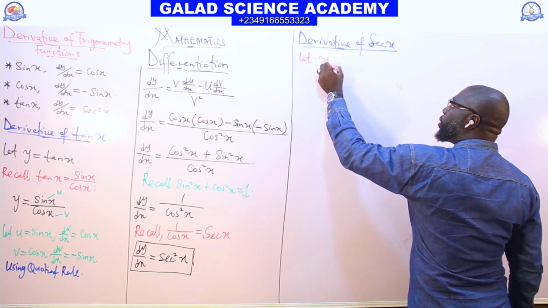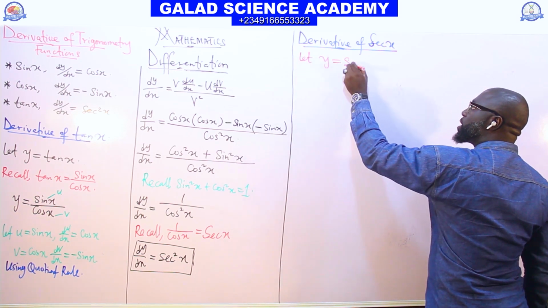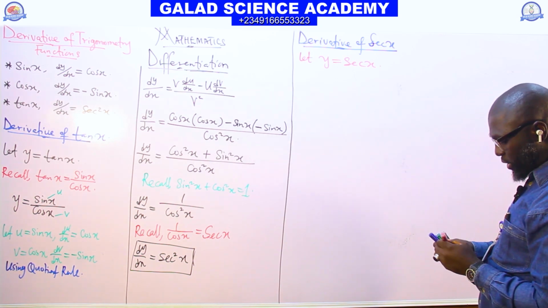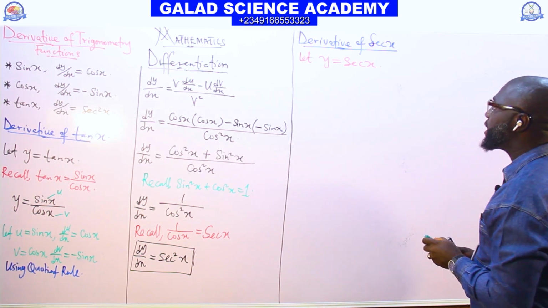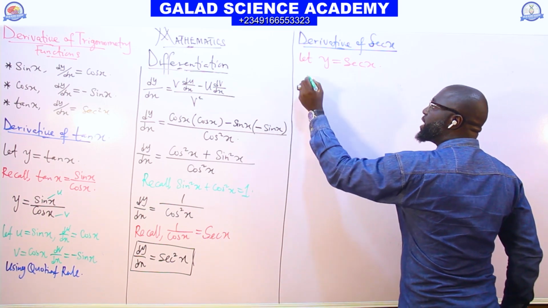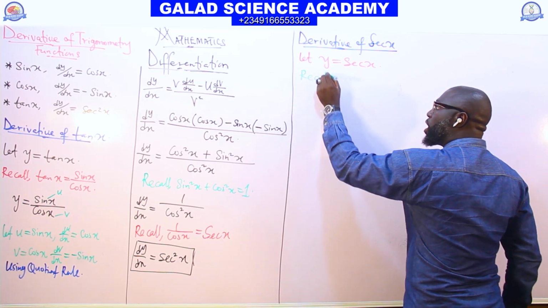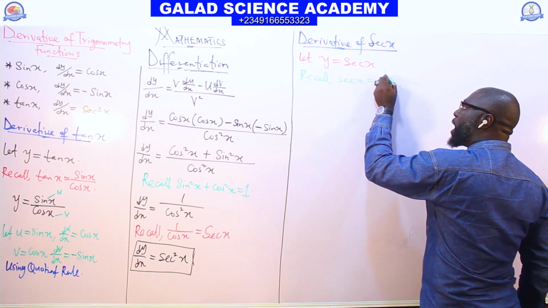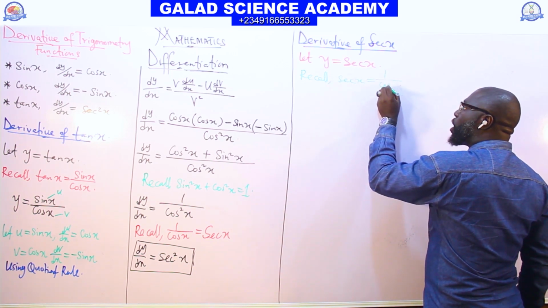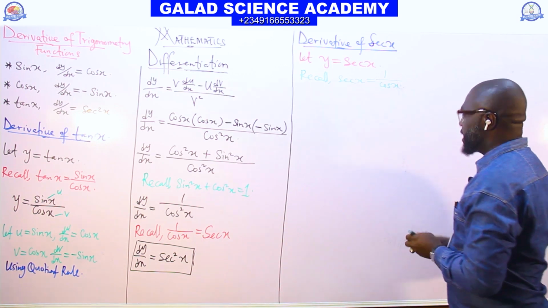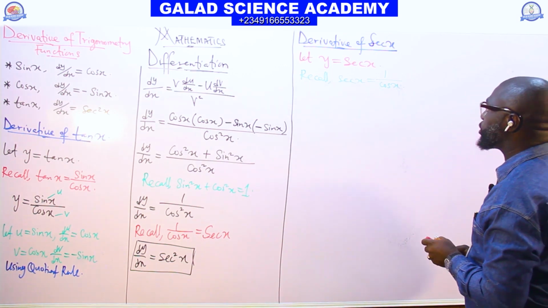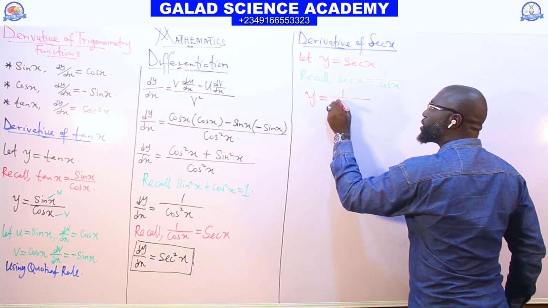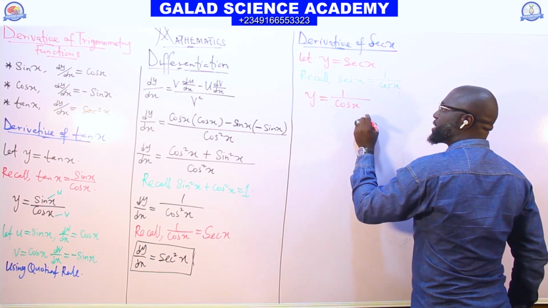Let y equal sec x. We recall that sec x equals 1 over cos x. So y is equal to 1 over cos x.